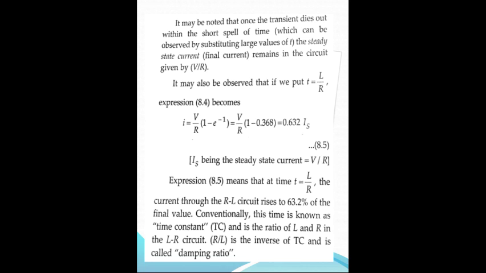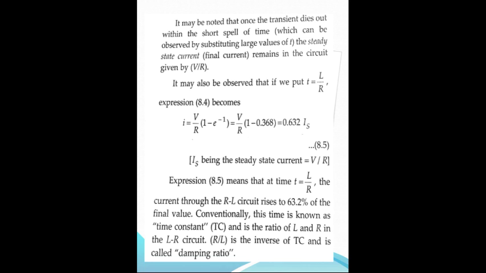Now if t is equal to L upon R, then the value of I is equal to 0.632 of IF. So this value of t is known as the time constant.